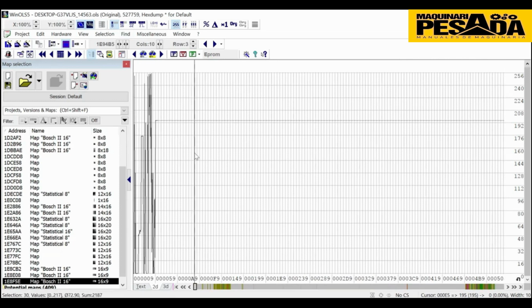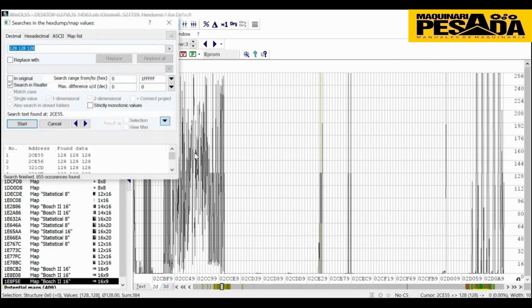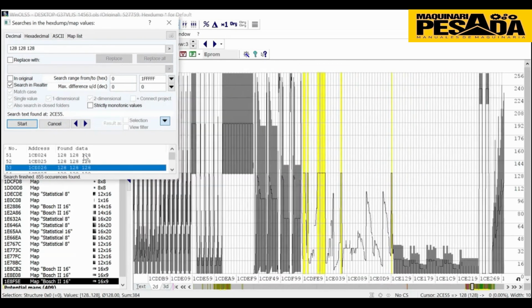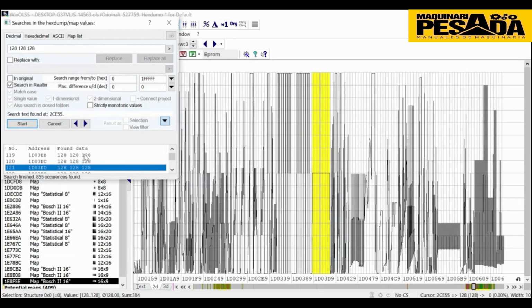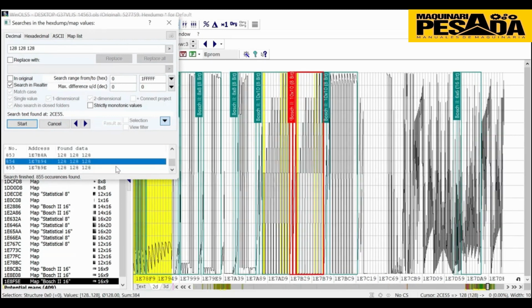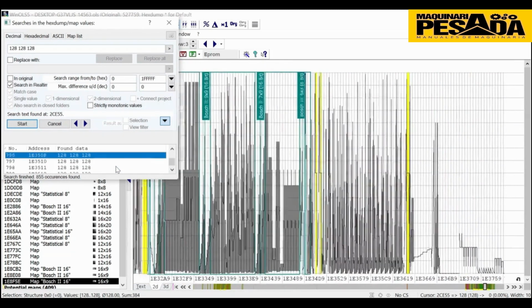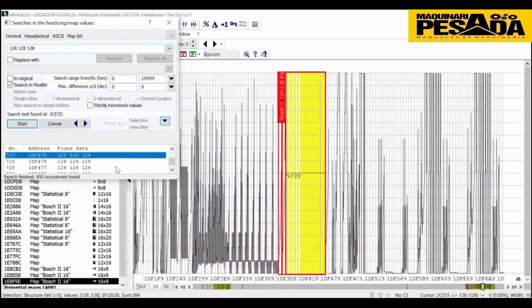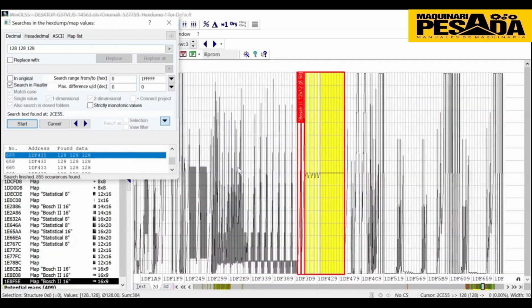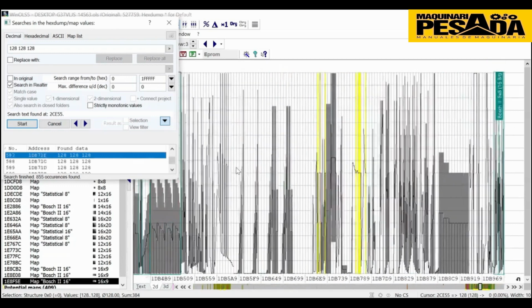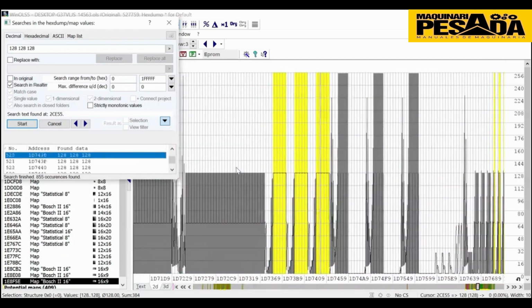For that, we need to search by Control F 128 and try to search inside the file to see if it is possible to find it. And normally I used to search from here, looking for finding that map.